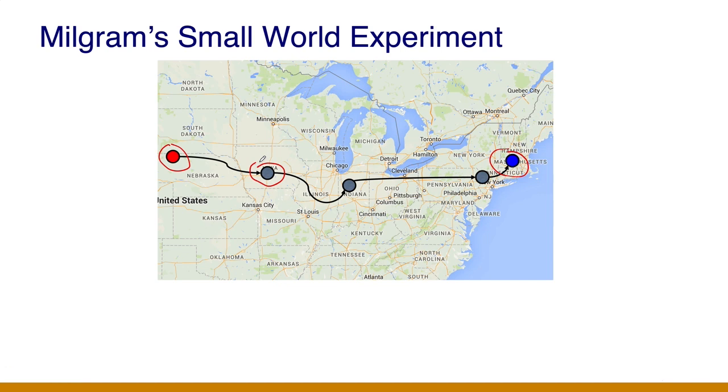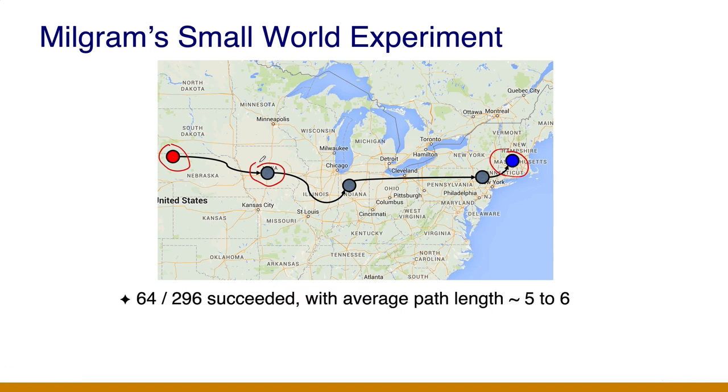But the surprising finding that he gathered is that the success rate is actually reasonable. Out of close to 300 mails that he sent out to different individuals in Nebraska state or Kansas state, close to 20% of all those mails eventually reach the final destination.